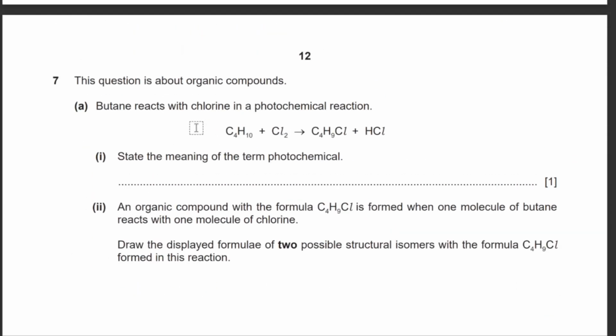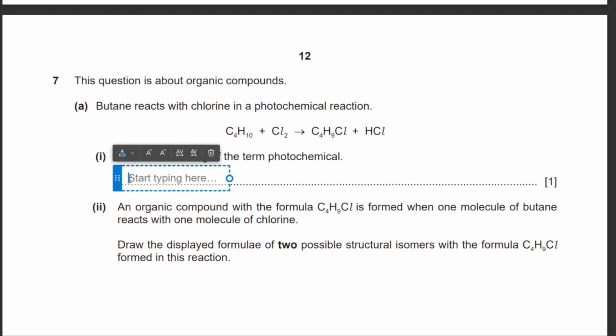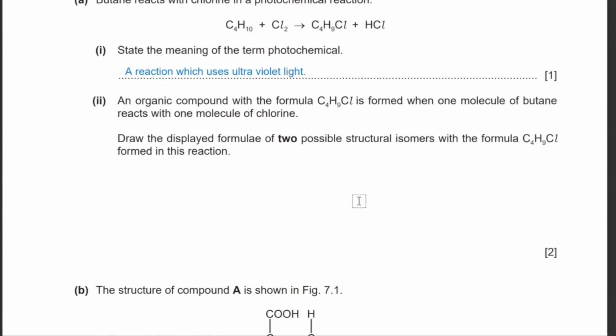This question is about organic compounds. Butane reacts with chlorine in a photochemical reaction. State the meaning of the term photochemical. A reaction which needs ultraviolet light, or uses would be better. An organic compound with the formula C4H9Cl is formed when one molecule of butane reacts with one molecule of chlorine.